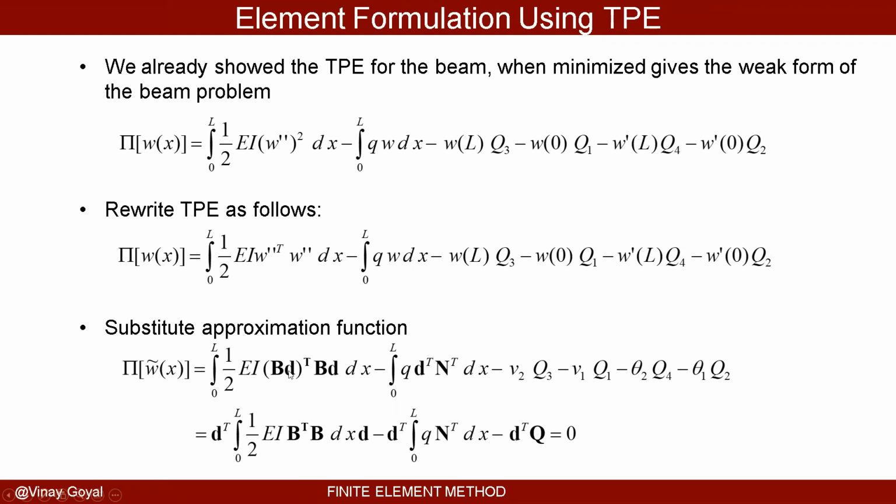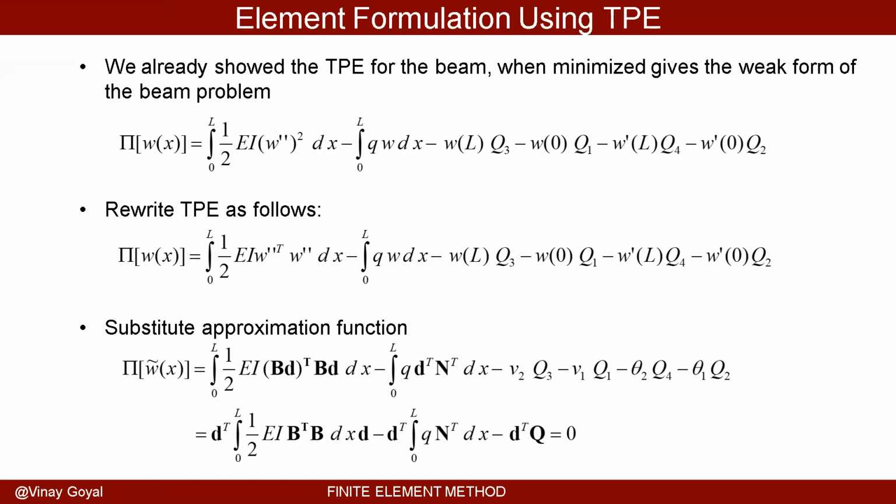Now notice how the D bold transpose can be written in this manner, and D bold can be factored out in this manner, and all these will have a D bold transpose factored out. I'll let you do it with calm, and you will see that this is exactly what you will get.